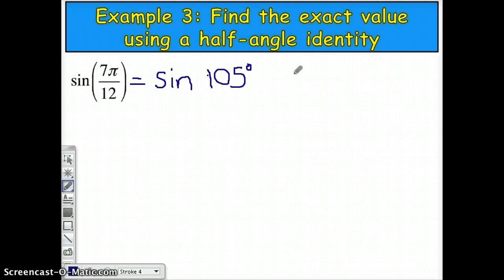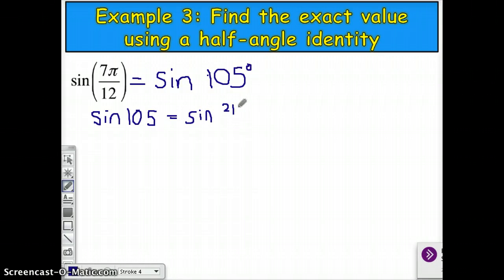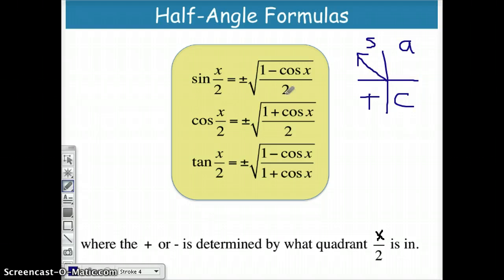So step 2 was to double the angle. If I double the angle, I get 210. So the sine of 105 degrees is going to be the same as the sine of 210 divided by 2. Then let me backtrack to the formula so I can plug in.